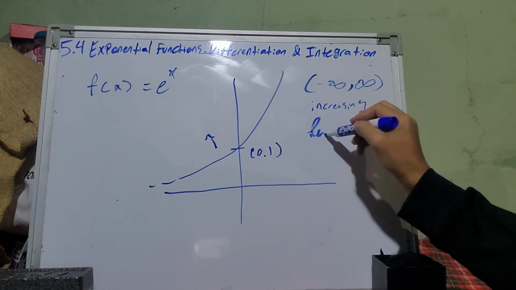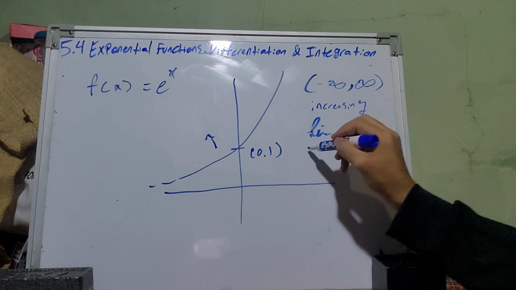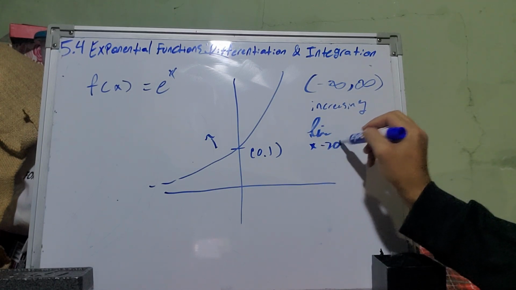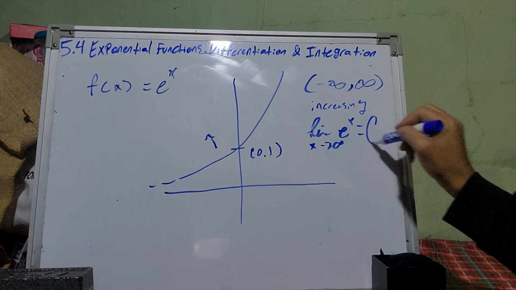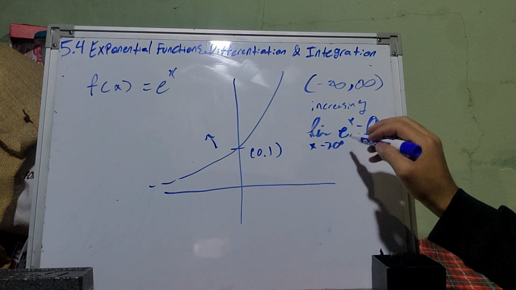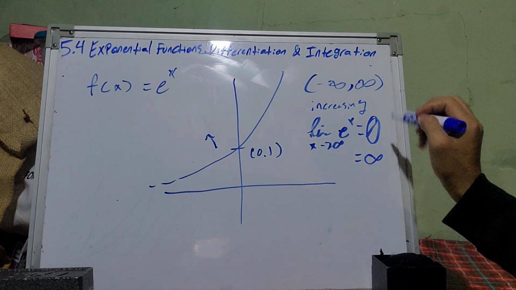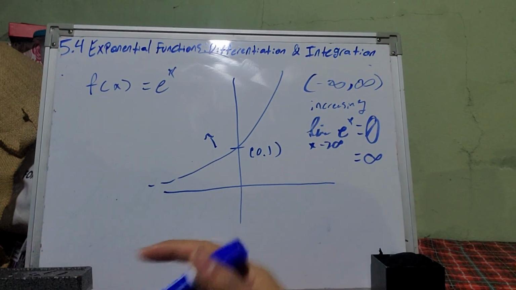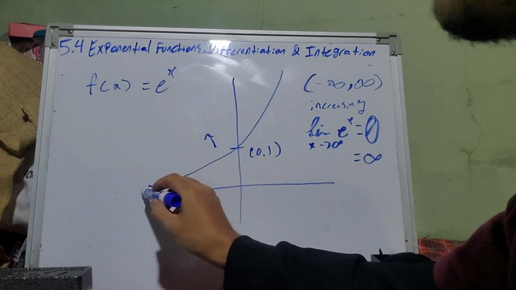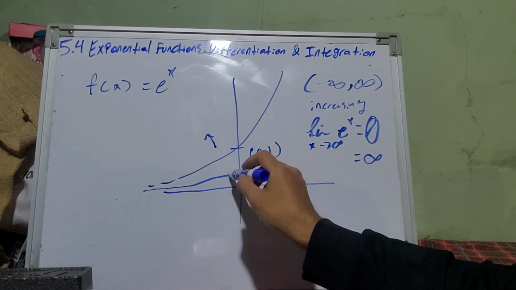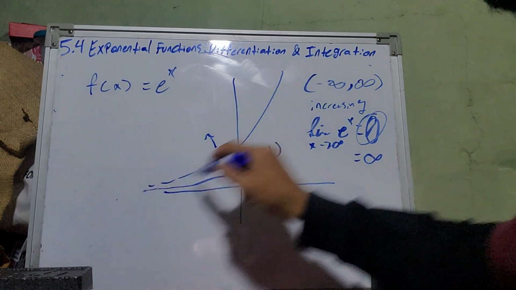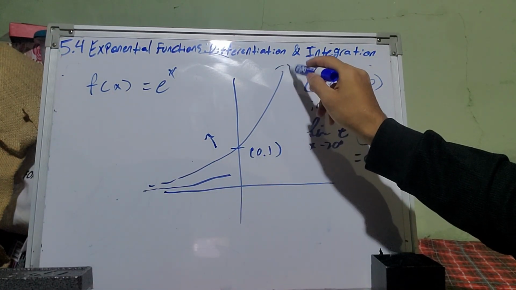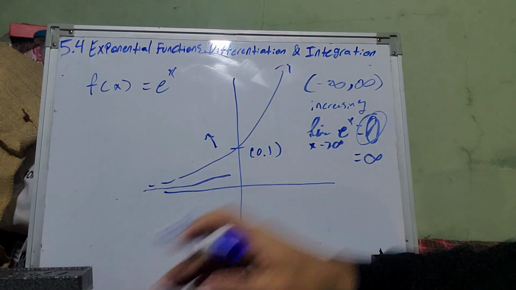The limit as x approaches negative infinity of e to the x is equal to 0, and as x approaches infinity it is infinity. As we can see that it never reaches 0 here, so that's how we represent it with the limit of 0, and it will constantly be going to infinity in the other direction.